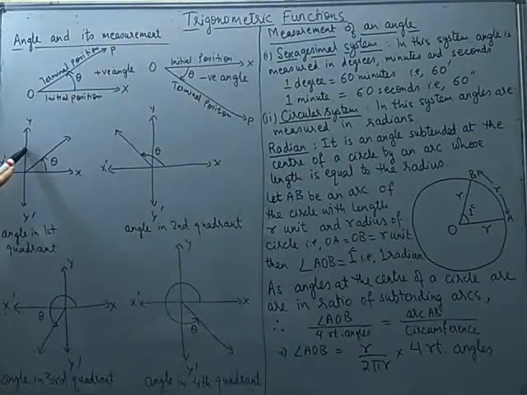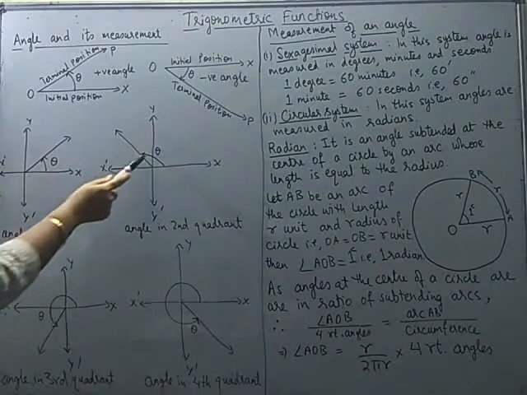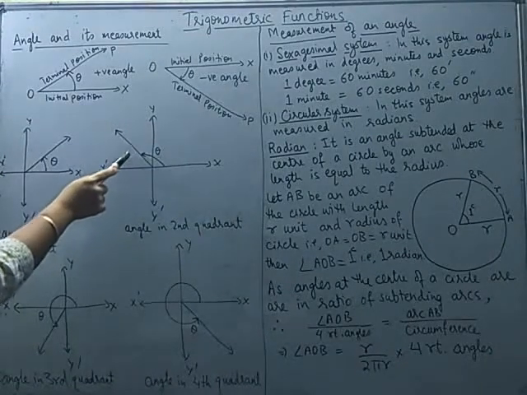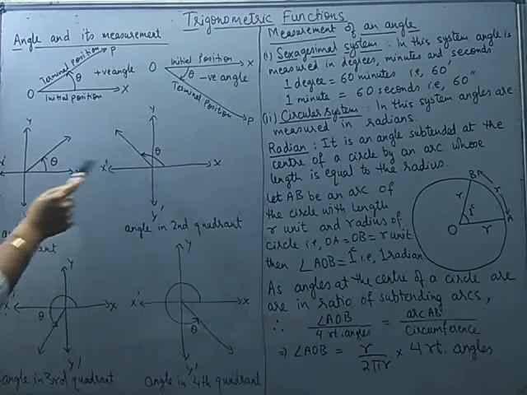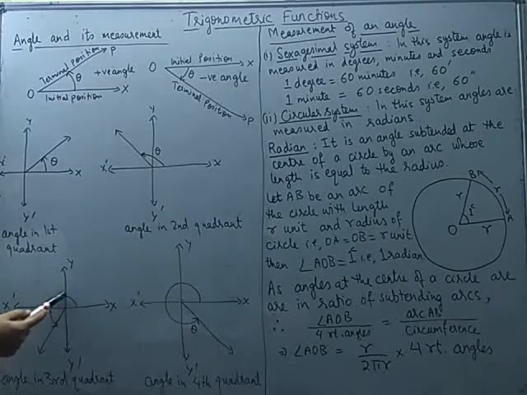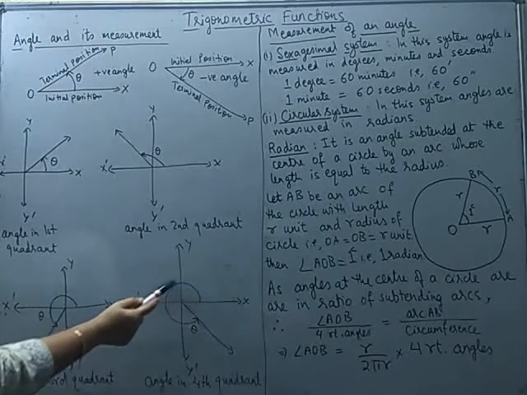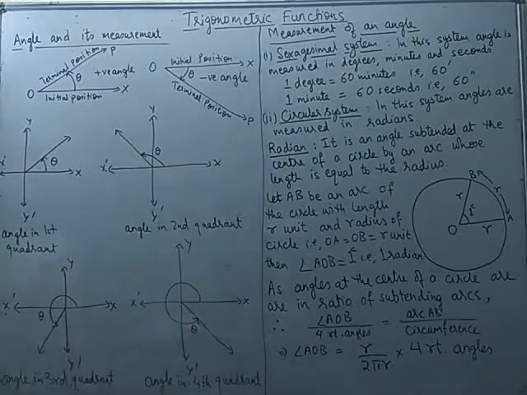Here the theta will have maximum value 90 degrees. But when we talk about the second quadrant, the angle will go till 180 degrees. In the third quadrant, the angle will go up to 270 degrees. And in the fourth quadrant, the angle can go up to 360 degrees. After that, what happens?